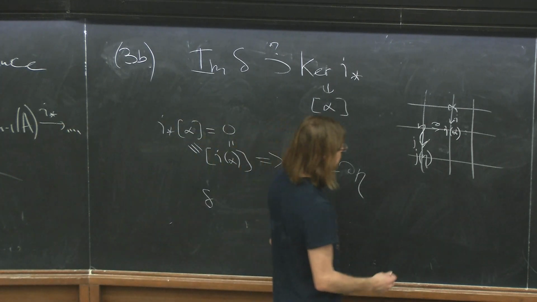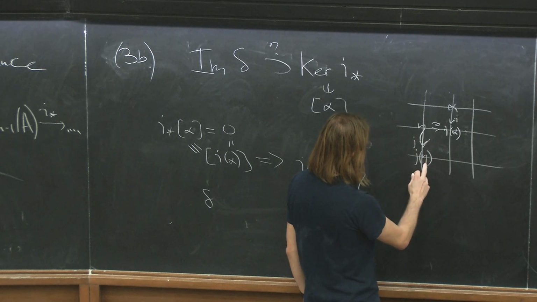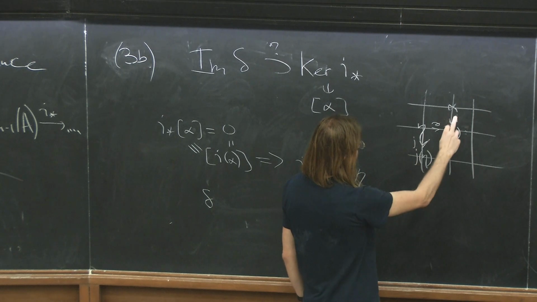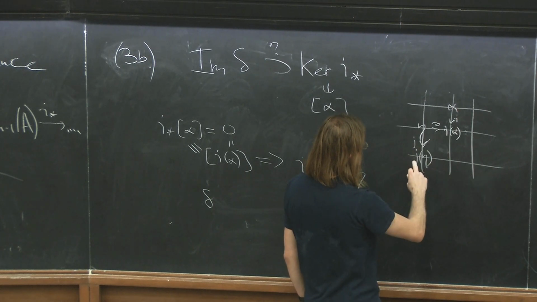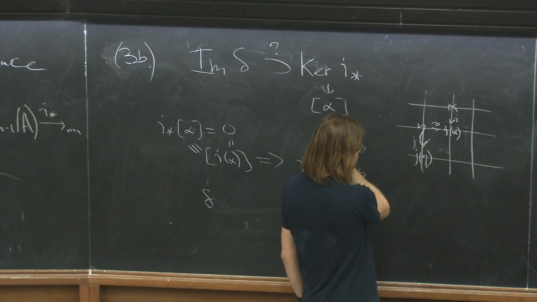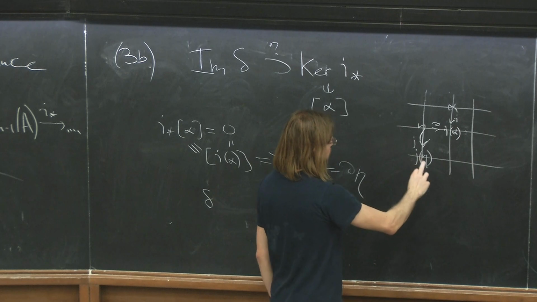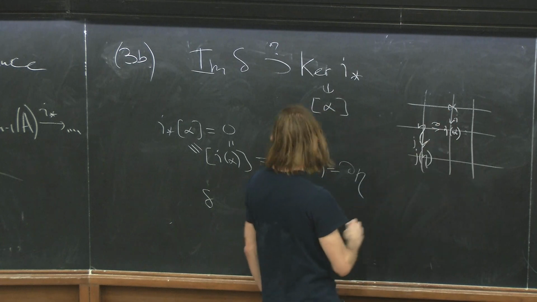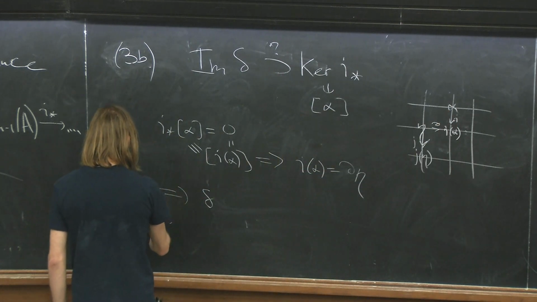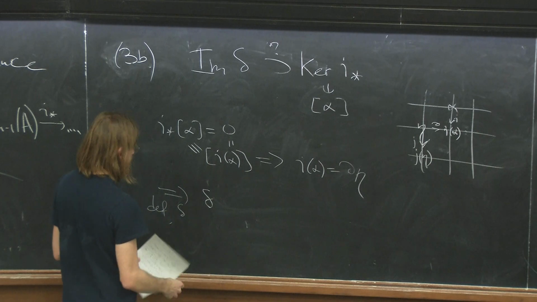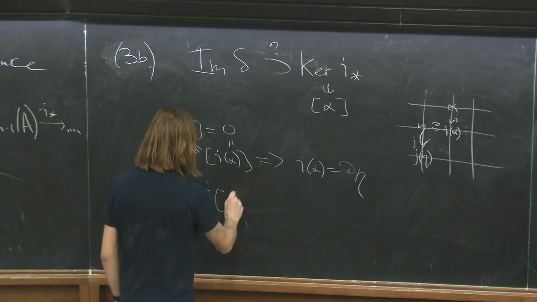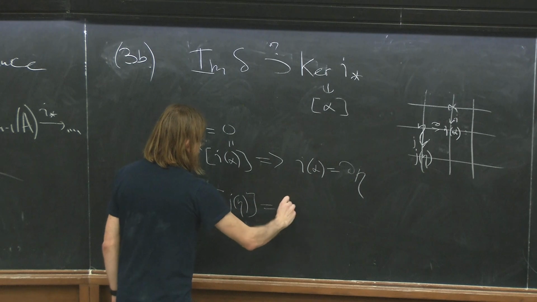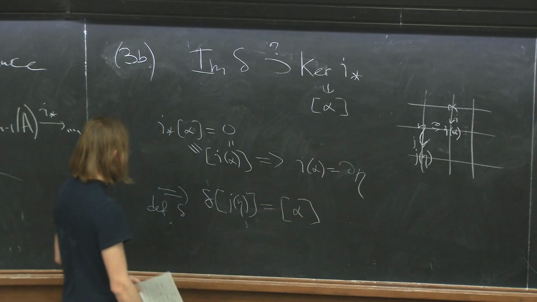And then we see that by construction, this alpha satisfies the definition of delta applied to the class of J of eta, right? Because eta is a preimage under this map, and then we apply D, and then we take a preimage here. So by the definition of this delta, delta applied to the class of J of eta is the class of our alpha.